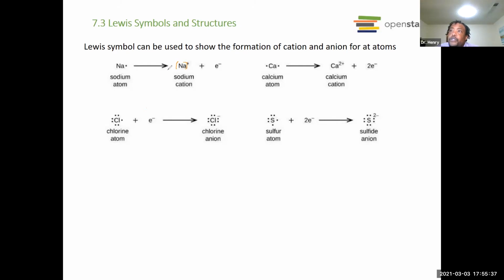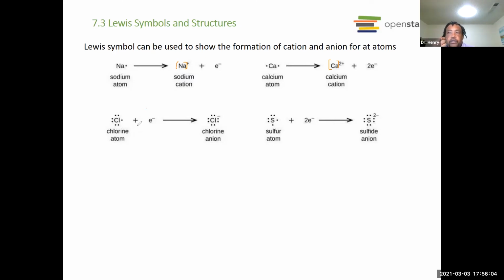Okay, so in the case of calcium, calcium wants to lose 2 electrons, to be like argon. So again, we draw it as if it has that plus charge and then put it in brackets to let us know that the ion is charged, but it doesn't have any of those electrons. And then in this case, chlorine wants to gain 1 electron.